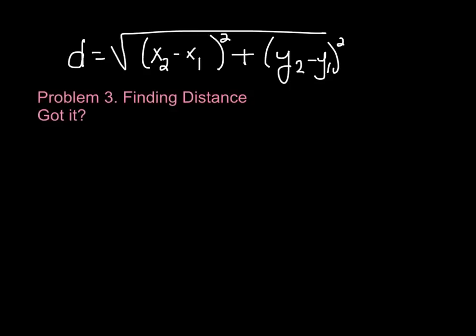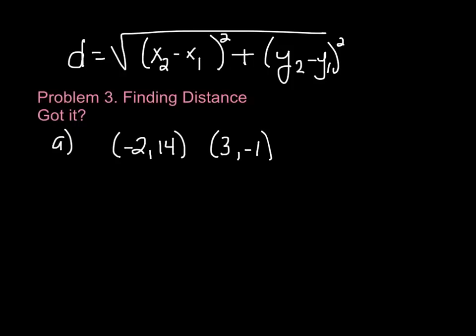So in problem 3 on page 478, let's do the Got It problem. The Got It problem, A, says that segment SR has the endpoints (-2, 14) and (3, -1). What is the length of SR to the nearest tenth?